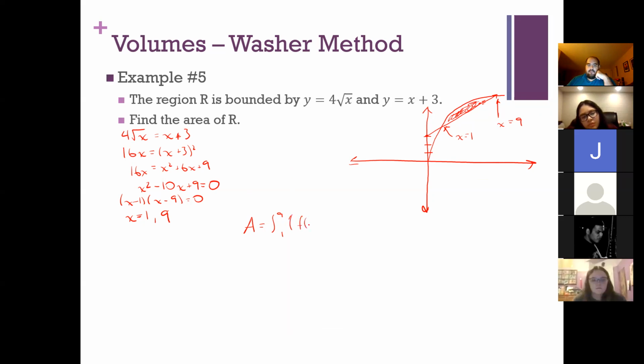So I'll write it in English here. Upper, greater minus lesser dx. So in this case, what is the greater function?